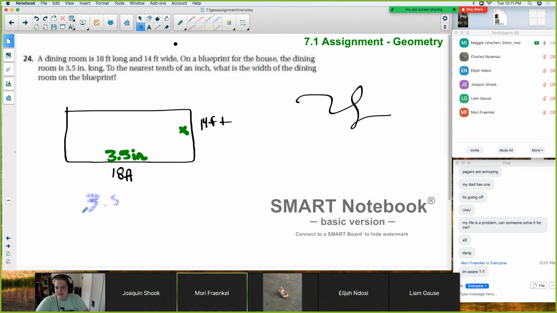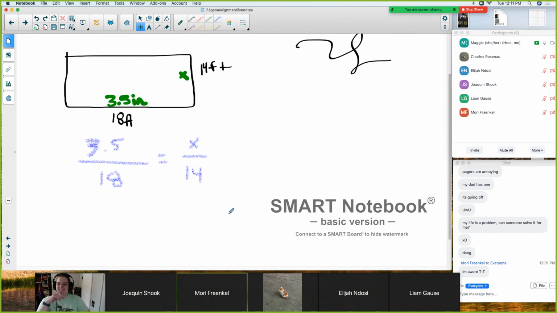So that means that I'm going to set up 3.5 over 18. And I'm going to set that equal to, 3.5 matches with x, so x over 14. All right, so we're going to cross multiply, which means that 3.5 is going to be multiplied by 14, and x is going to be multiplied by 18.